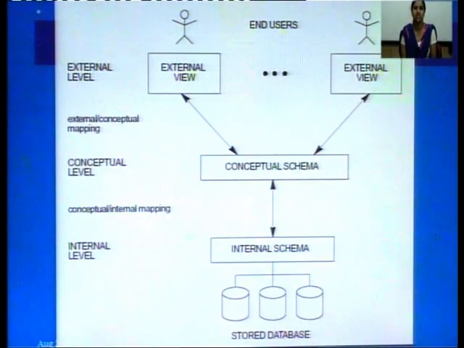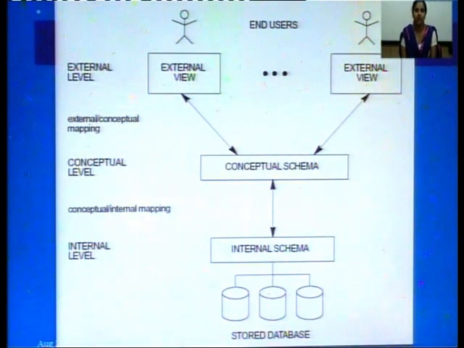Then comes the external view, meaning how we are seeing the application and how we are actually running the application. The conceptual schema makes the relation between the external view and the internal view, and while making the relation it also separates these two.